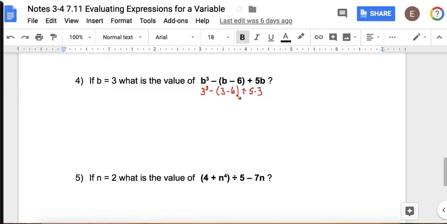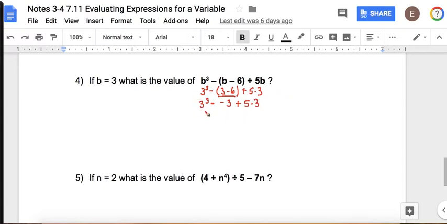Okay, remember grouping symbols first, so we're going to do 3 minus 6, which is negative 3. Bring down the 3 to the third power, bring down the subtraction sign, so we're subtracting a negative once again. Bring down plus 5 times 3.